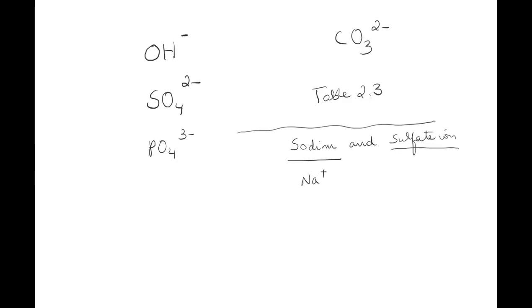The sulfate ion has the formula SO4 with a -2 charge. It's a group of atoms together, and they all carry a net -2 charge. Then we're going to do whatever we did before, crisscross ions into subscripts, so that will be Na2SO4.